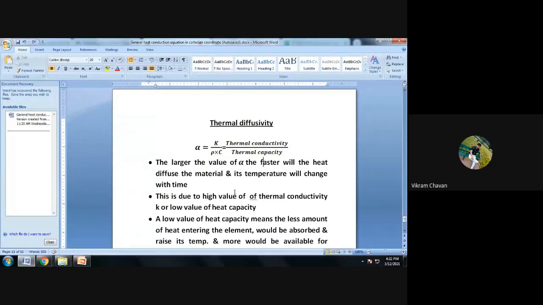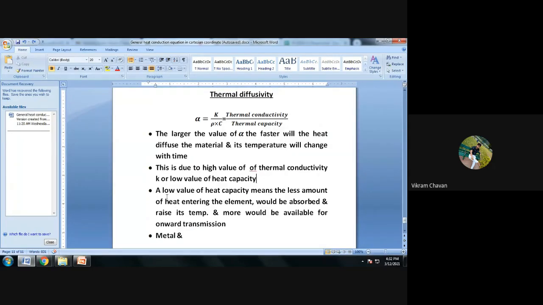This is due to a higher value of thermal conductivity or a lower value of heat capacity.